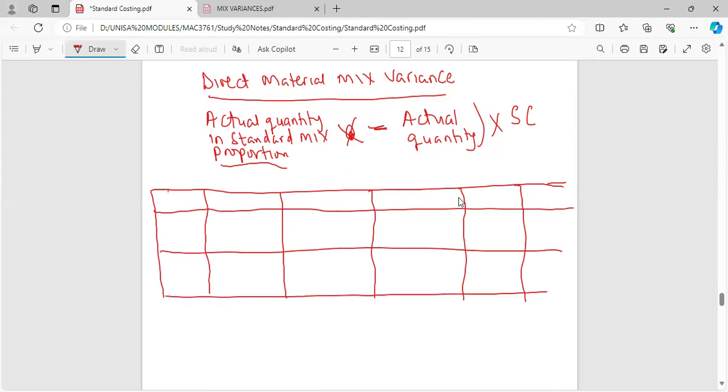Right, so we have these two products. This place is going to be small. Let me just add something.